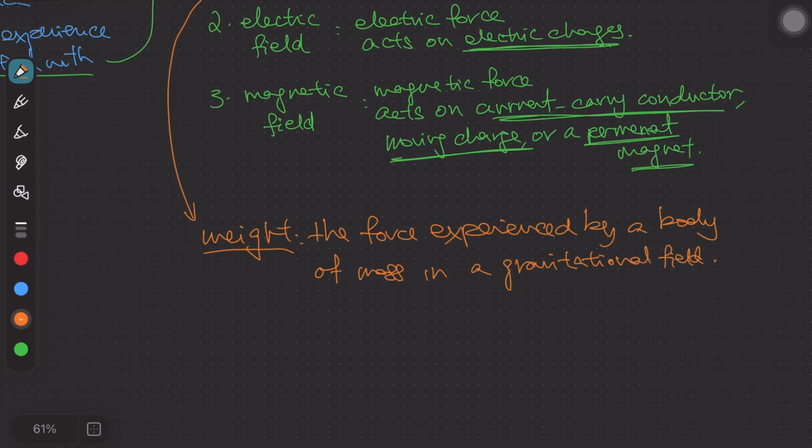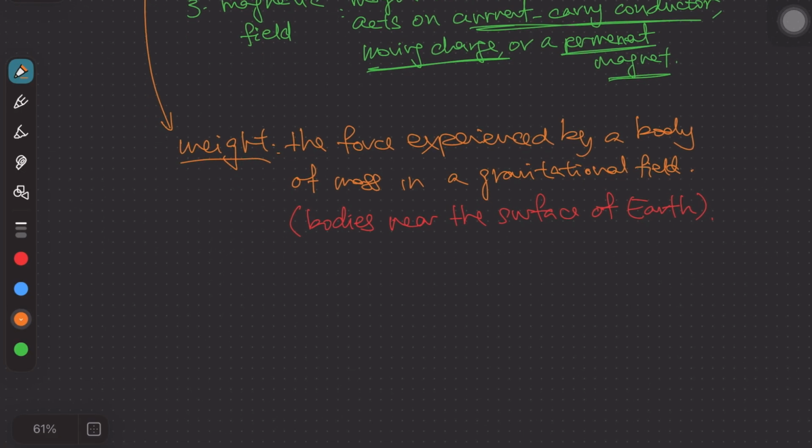Usually, what we refer to is bodies near the surface of Earth. And usually what is this given by? You should have learned this in secondary school: W is equal to mg.